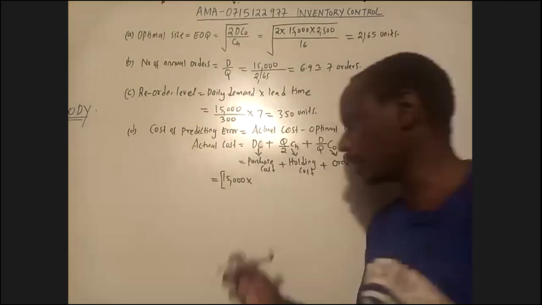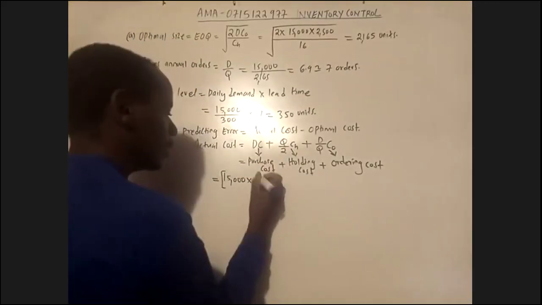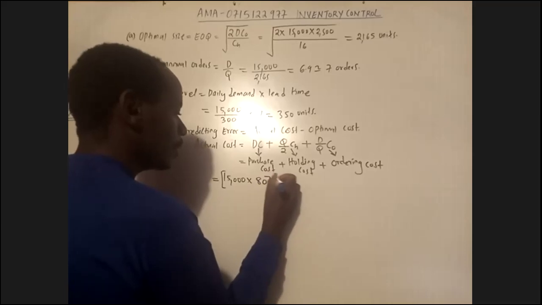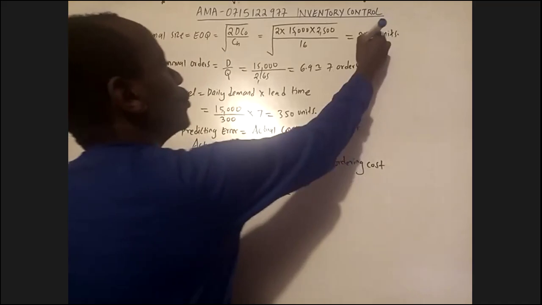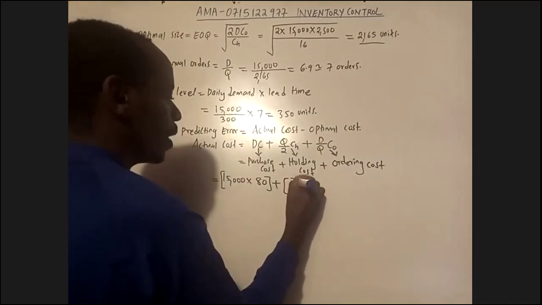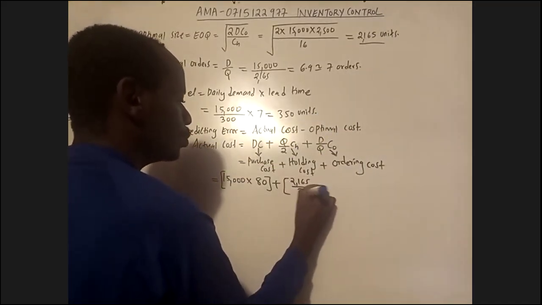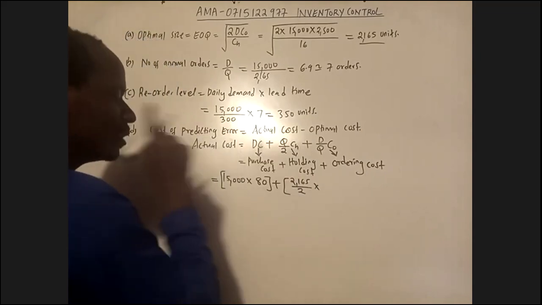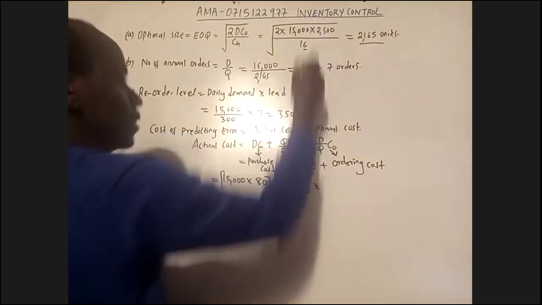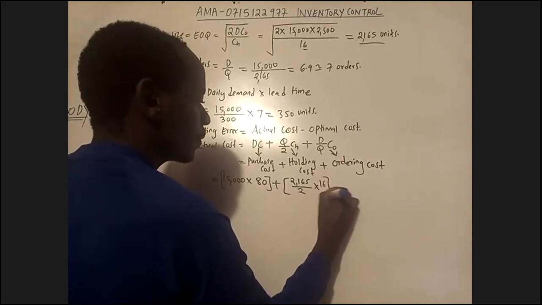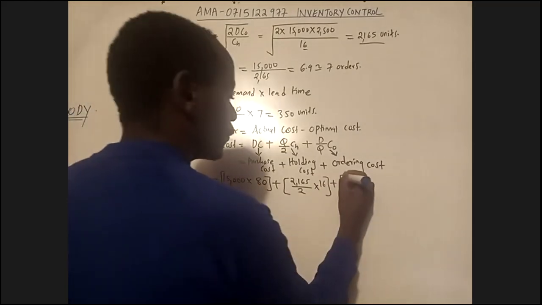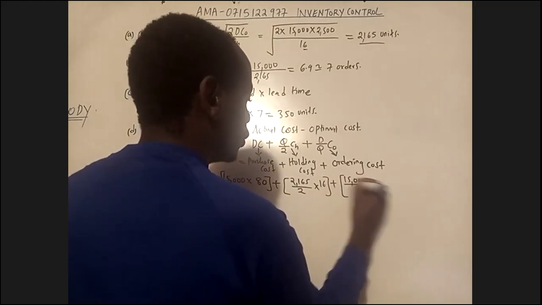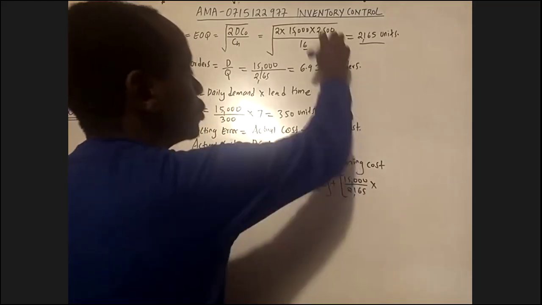So 80 plus holding cost, Q over 2, our Q is 21.65 over 2, times CH, our CH ndio hapa chini ni 16, plus D over Q, 15,000 over Q 21.65 times 2,500.